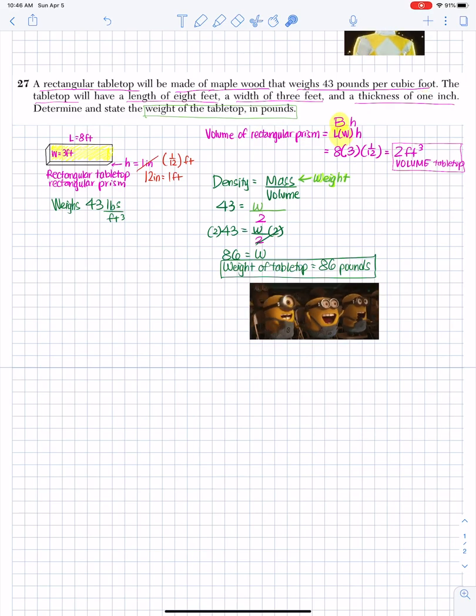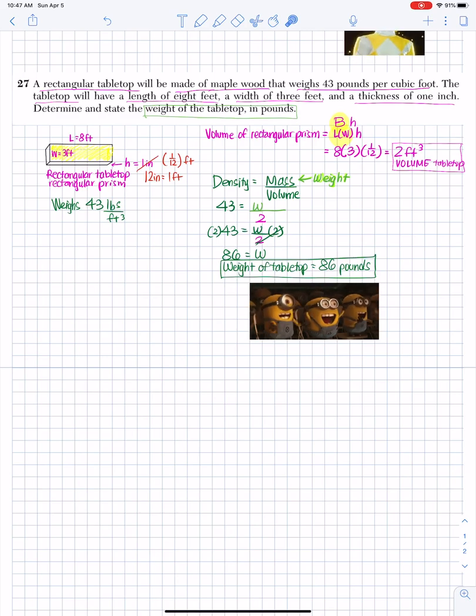Here we have feet, and then the thickness is mentioned in inches. If my density is in units of feet, then I have to change my 1 inch into feet. 12 inches equals 1 foot, so I divide 1 inch by 12, so 1 inch is 1 over 12 feet. I didn't change it to a decimal because it looked ugly, so let me leave it as a fraction.